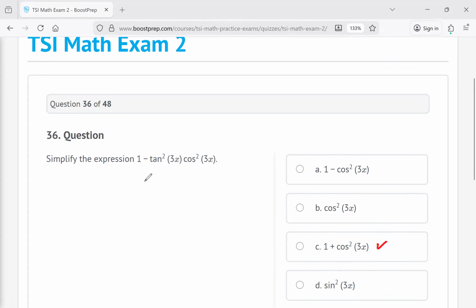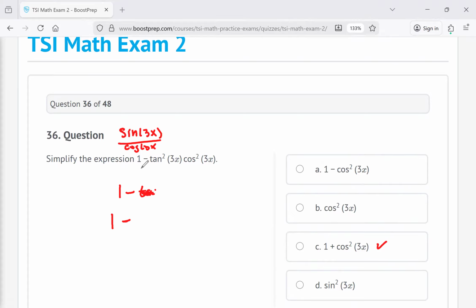For example, tan is the same thing as y over x, or sine of 3x over cosine of 3x, right? So what we could do is just replace that tan squared. It is 1 minus, so tan is sine over cosine.